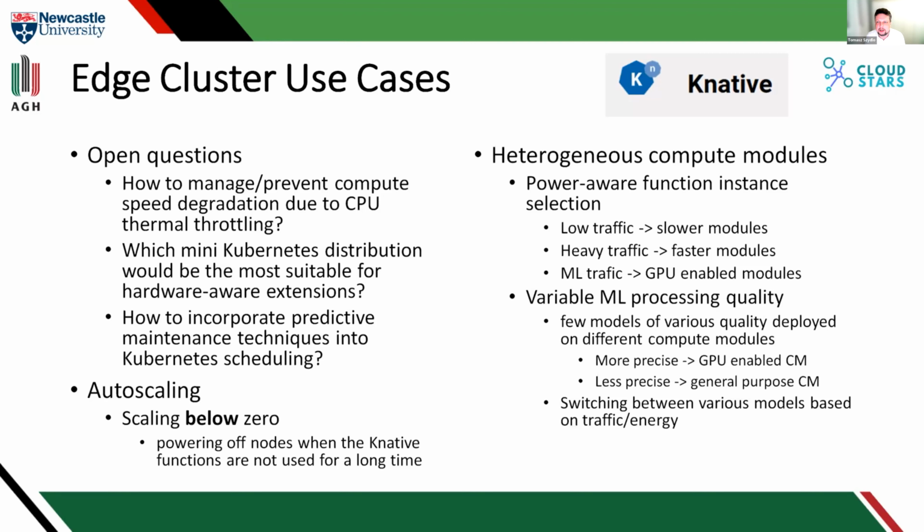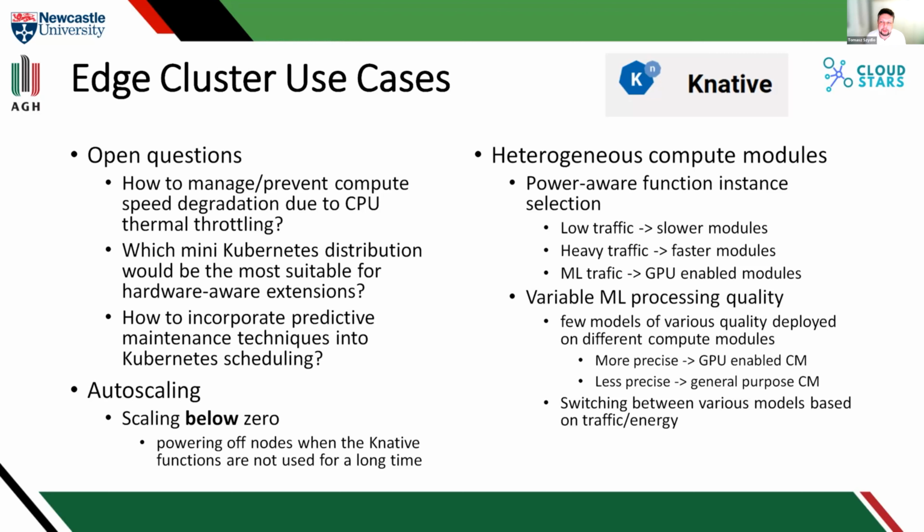Of course, the drawback of controlling on-off power is that booting the node might significantly affect the processing time and cold start of the services. Of course, in this case, we need efficient load prediction algorithms to make a decision when we should power the nodes and at what time.